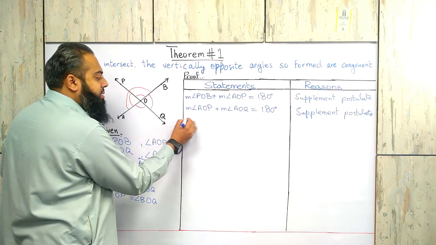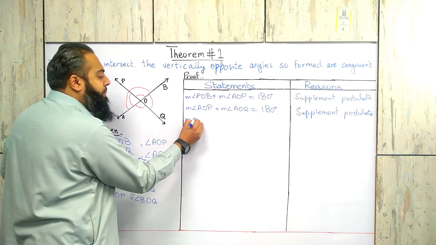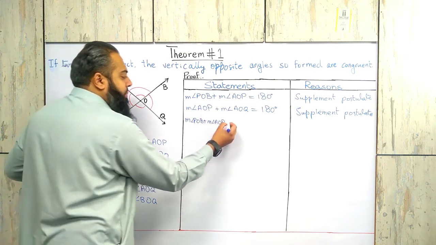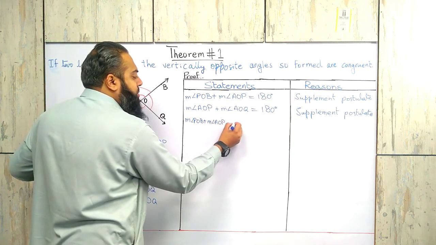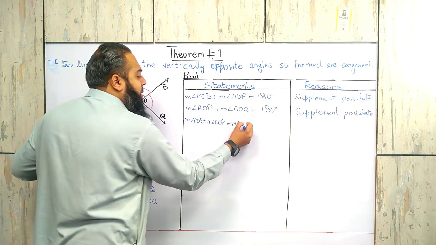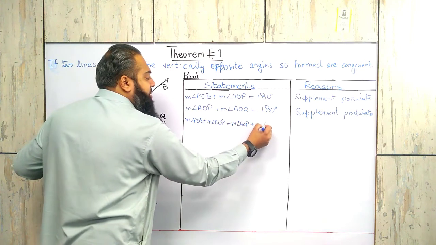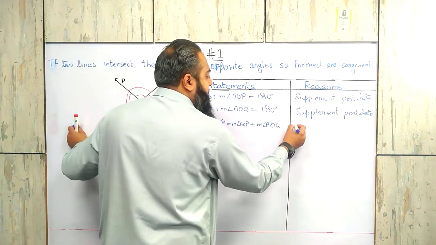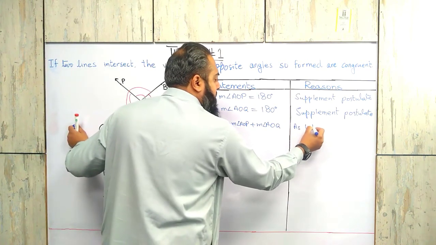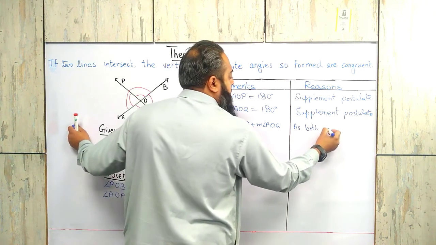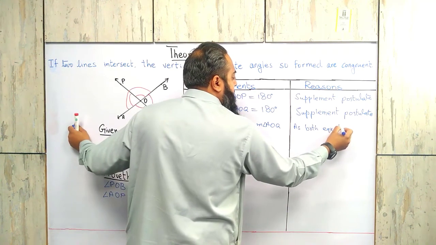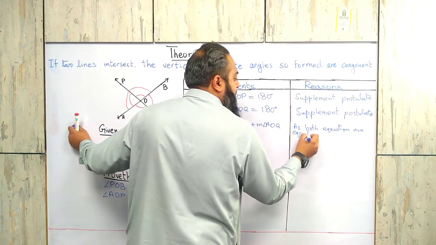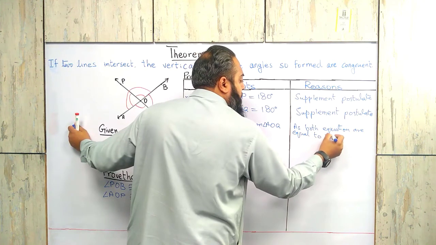It means that measure angle POB plus measure angle AOP equals measure angle AOP plus measure angle AOQ, and the reason is that both equations are equal to 180 degrees.